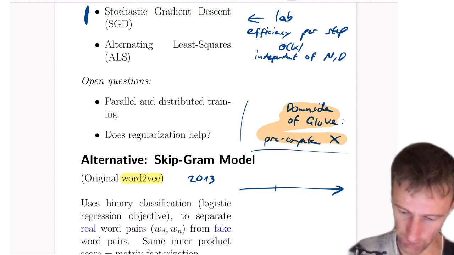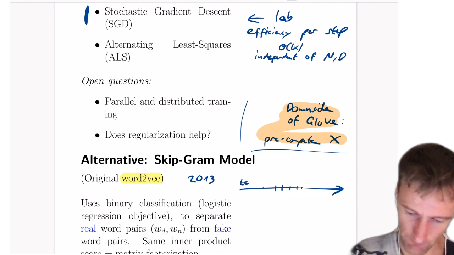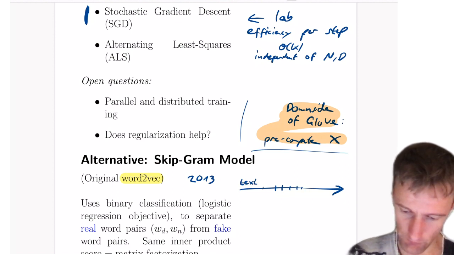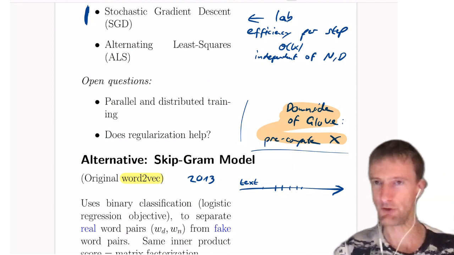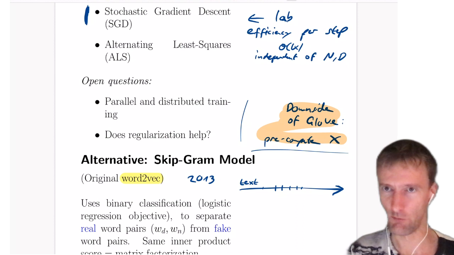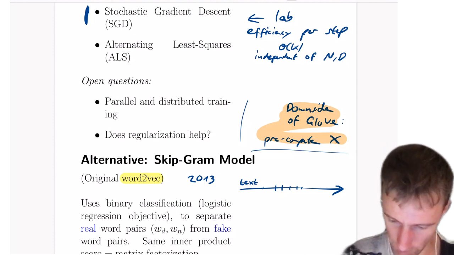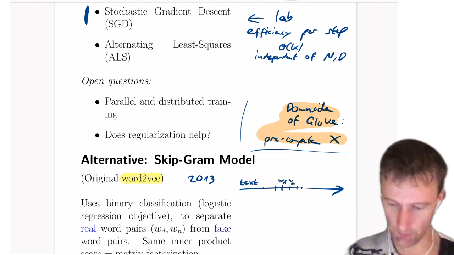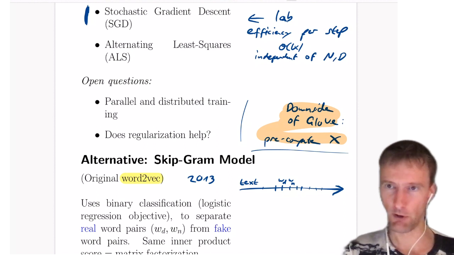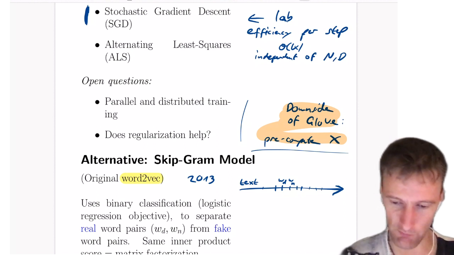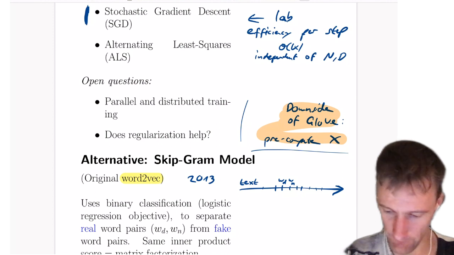So what this means is that you just stream through the text, for example Wikipedia or all the books which are available online, or a crawl from the web. So you have sequences of words, and then at some point you have word WD, and then you have word WN, they appear together. So is it possible to train this on the fly, to just stream through the text?